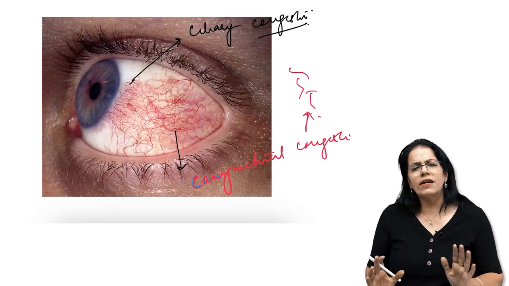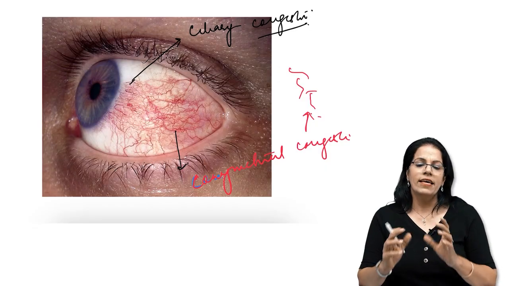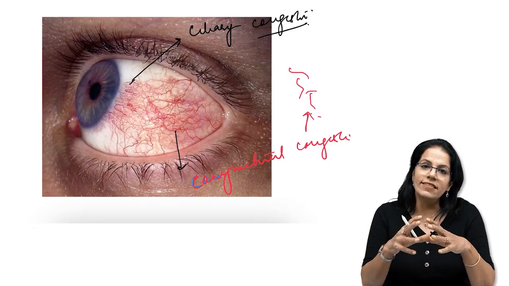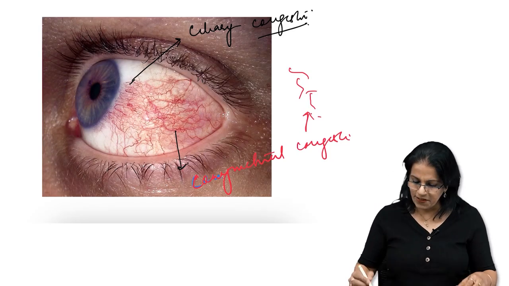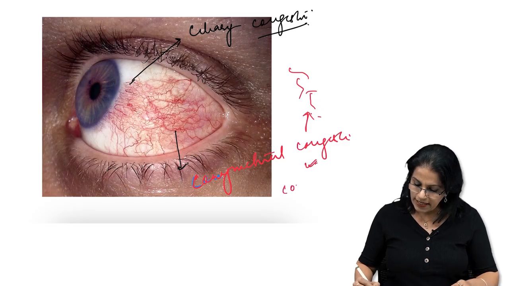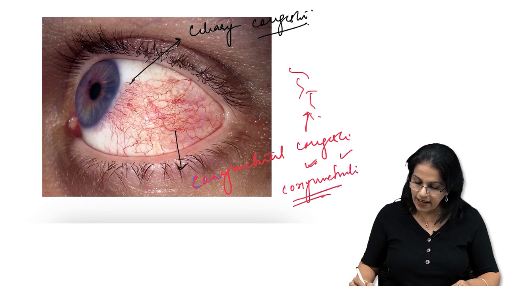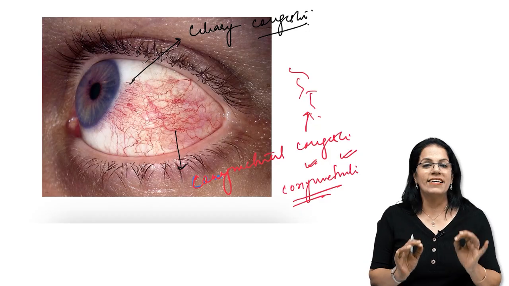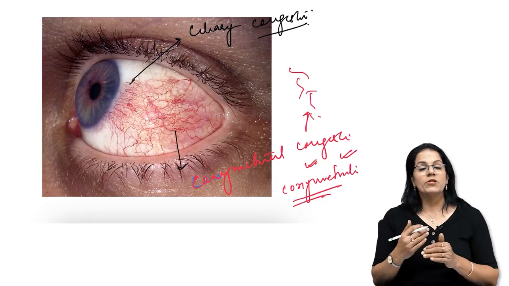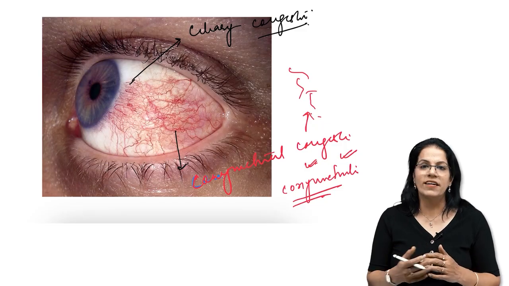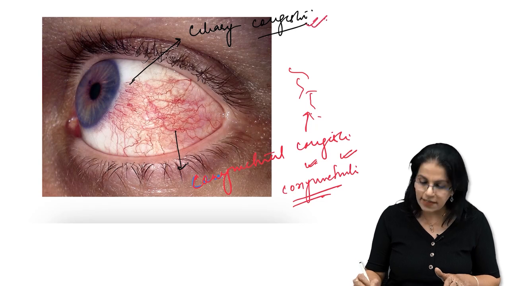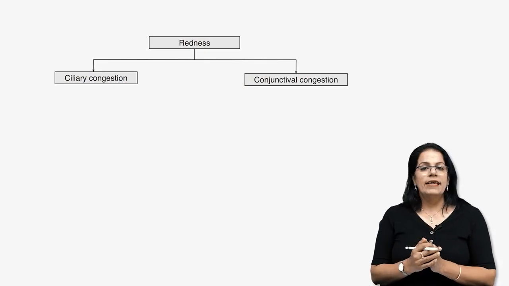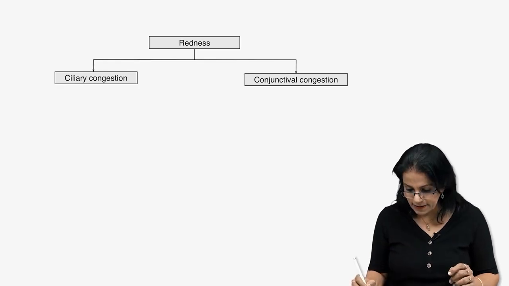So what is the clinical difference that I should have in mind? That when there is only conjunctivitis, you will have only conjunctival congestion. That means this one, right? So in any type of conjunctivitis or conjunctival pathology, we generally have only conjunctival congestion. But when we are talking about serious pathologies like keratitis, uveitis, glaucoma, then along with conjunctival, we will get this ciliary congestion.